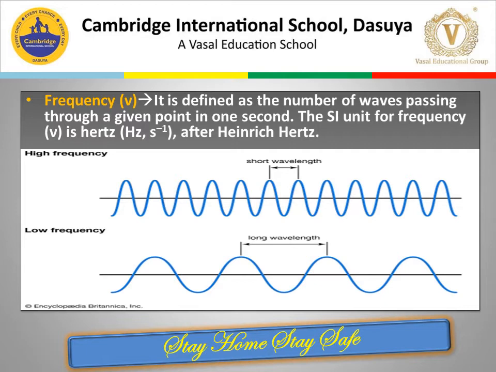Now, we have got two wave trains here. The upper one, which has shorter wavelength, has higher frequency, whereas the lower wave train, which has longer wavelength, has low frequency.